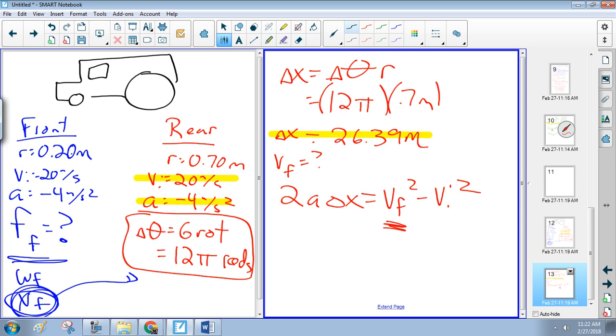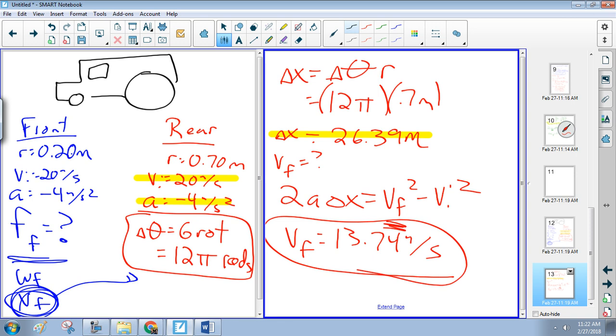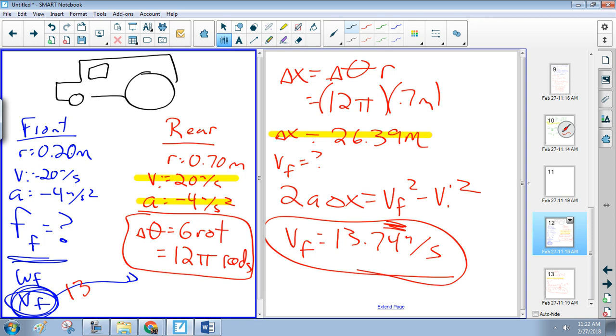If you plug in those 3 yellow highlighted numbers, you discover that the VF for the rear wheels is 13.74 meters a second. But that means that the VF for the front wheels is also 13.74 meters a second.